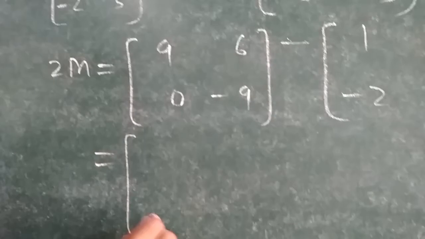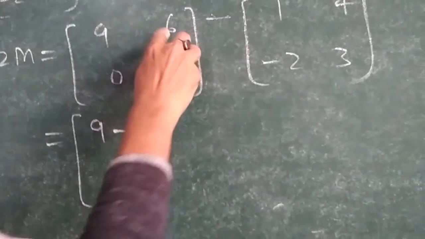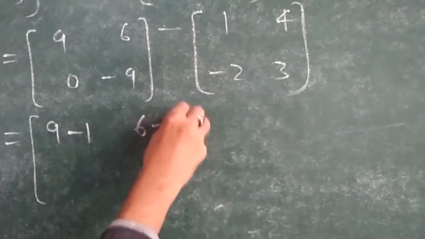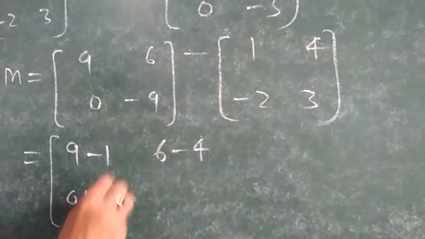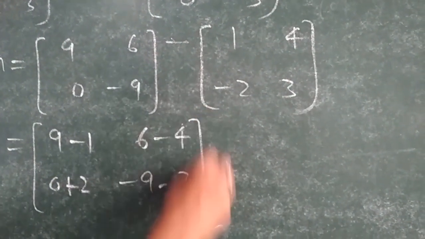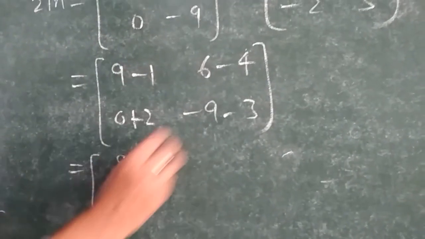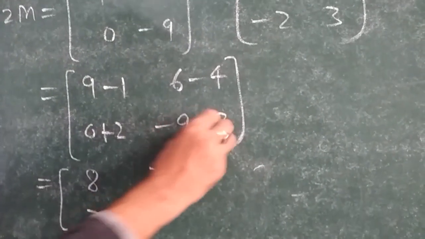Solve it. 9 minus 1, 6 minus 4, 0 minus 2, 0 plus 2, minus 9 minus 3. So what is the final answer? 9 minus 1, 8. 6 minus 4, 2. 0 plus 2, 2. Minus 9 minus 12.